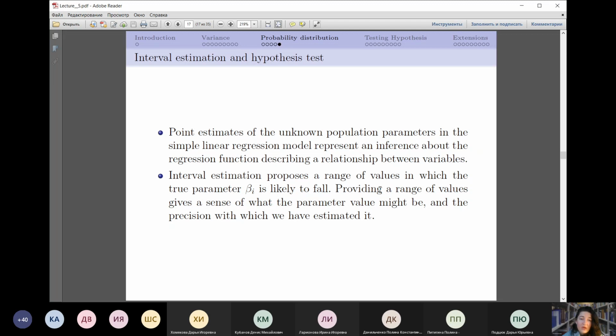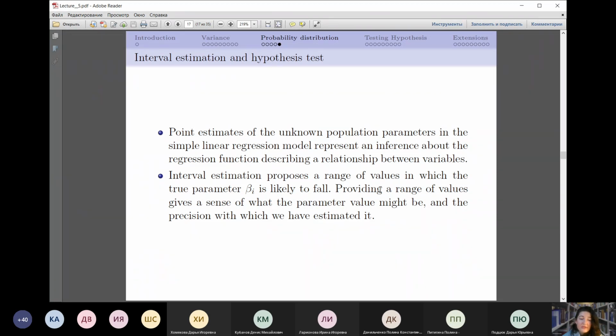Such intervals are also called confidence intervals. You remember this. And hypothesis tests are procedures for comparing your guess about the regression parameter to the parameter that you obtain from your model, from a sample.